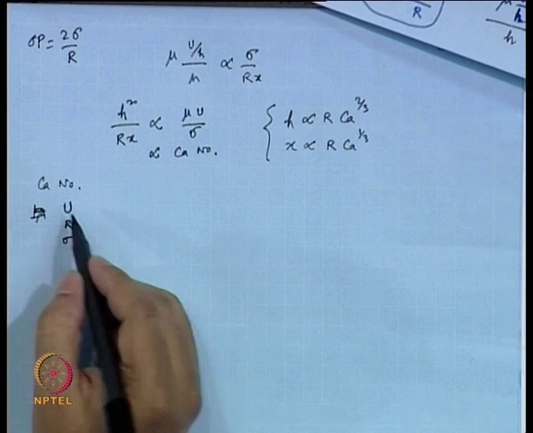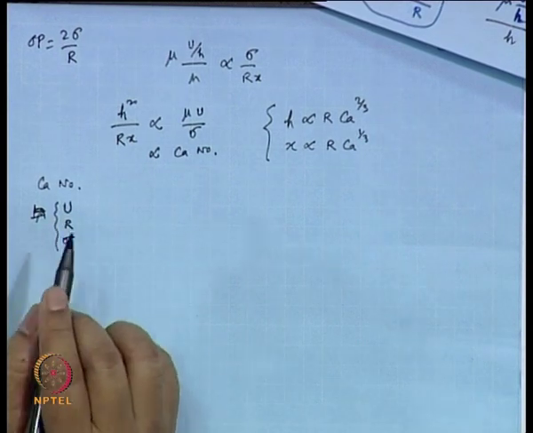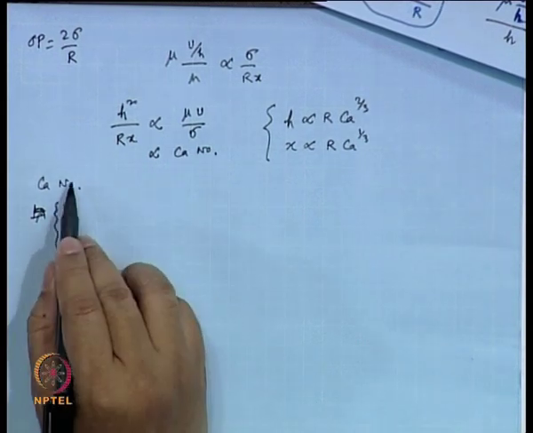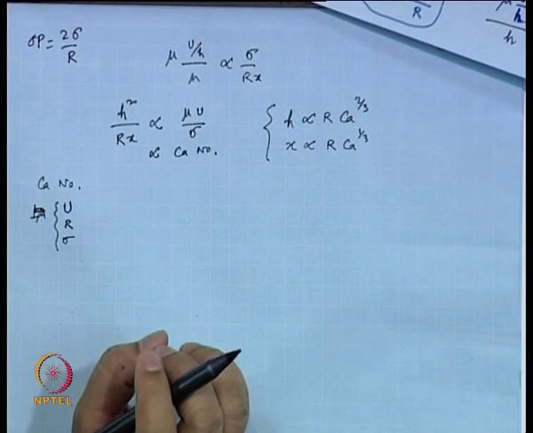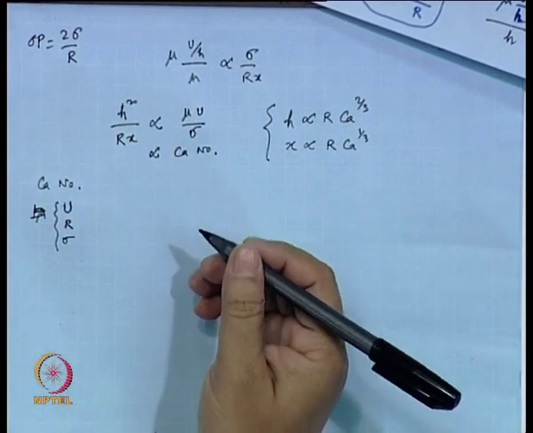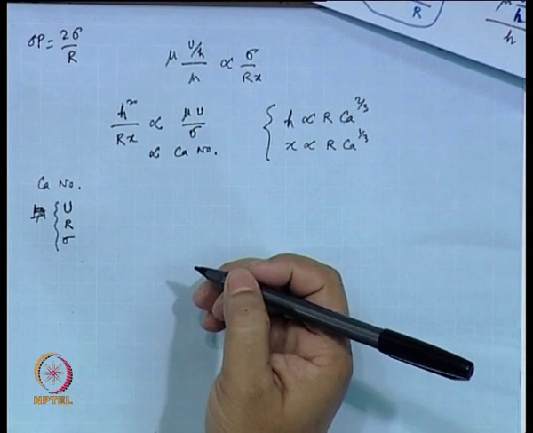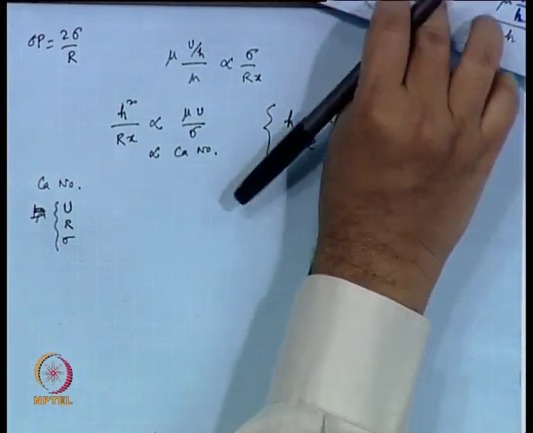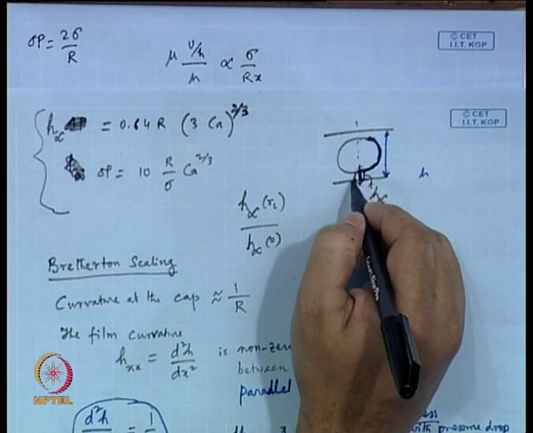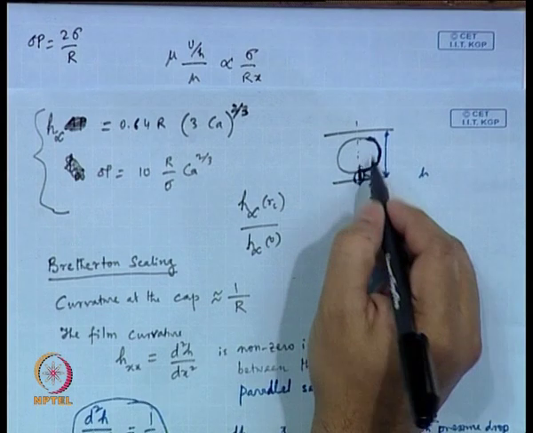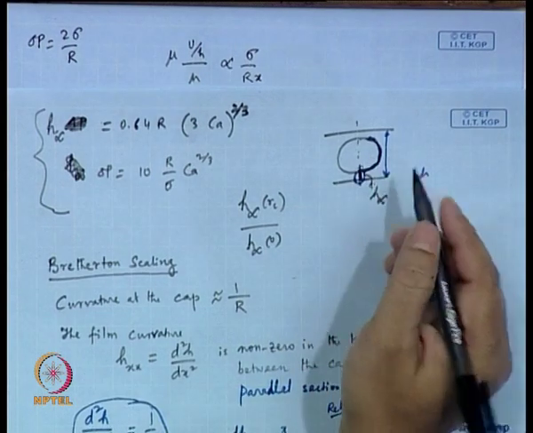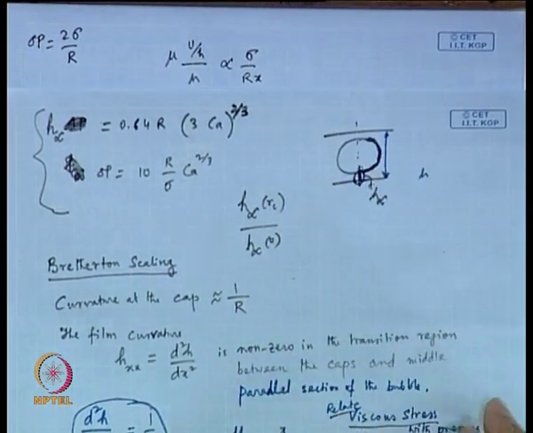If you know these values, you can find out the capillary number, and from that you can find out the film thickness, the h we are referring to. So, whether this annular portion is 1/10 of the actual dimension of the channel, or 1/100th or 1/1000th, you can get that understanding from this scaling.